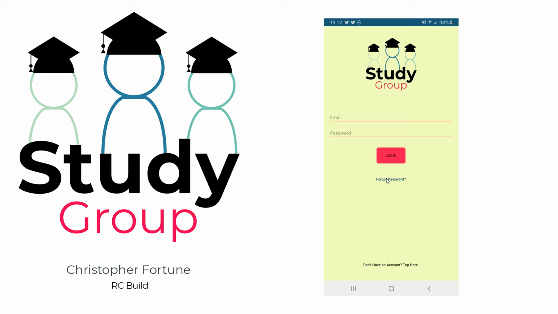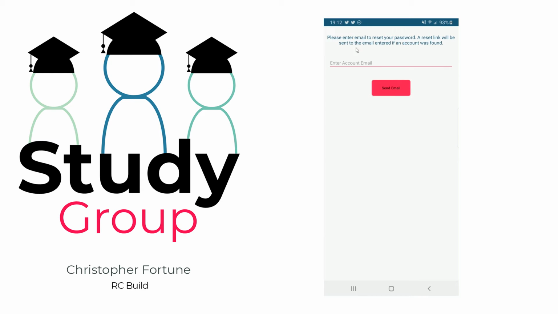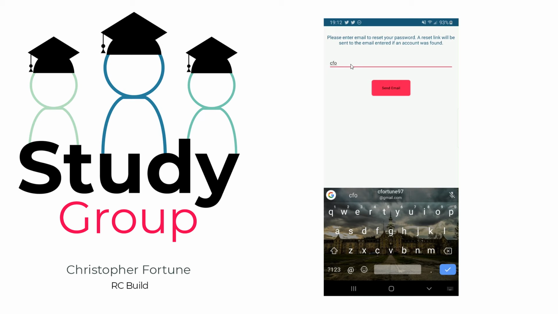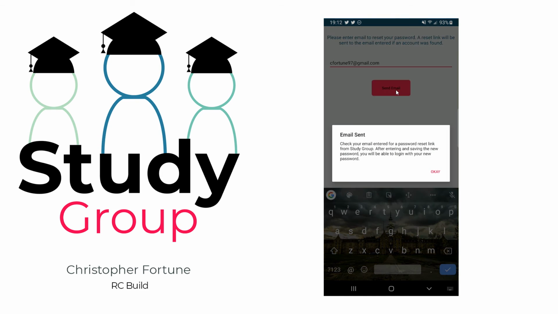So in order to change their password, they just click on Forgot Password. From here, it'll ask you to enter in your account email. So if we enter in the email that's associated with your account and you press send, it'll say email sent. So now if you go over here to your email, let me refresh my email here.